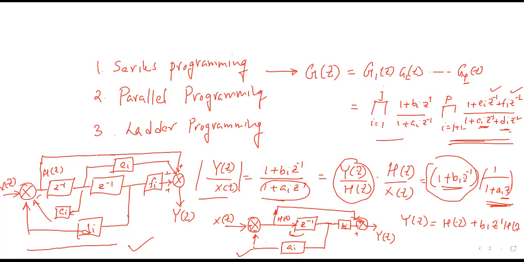Now, the next one is parallel programming. In parallel programming, the pulse transfer function G(z) is expanded as a combination of A plus G1(z) plus G2(z) and goes on up to, say, GQ(z).